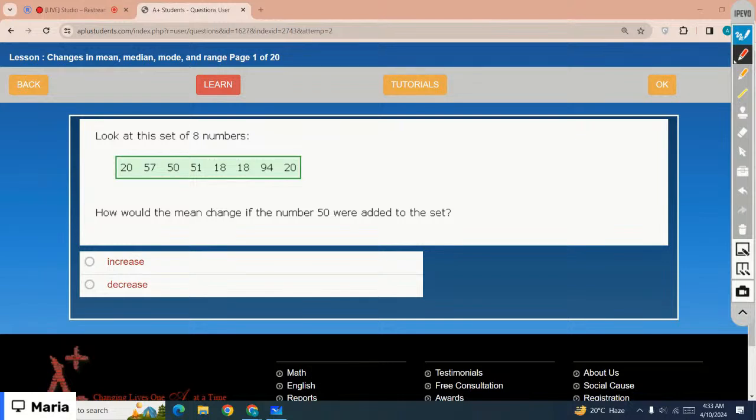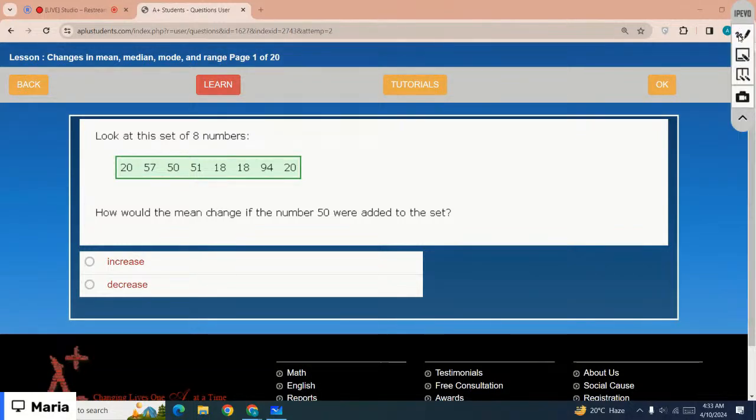The sum is 328. 328 divided by 8 is 41. The mean of the numbers that are given is 41, right?